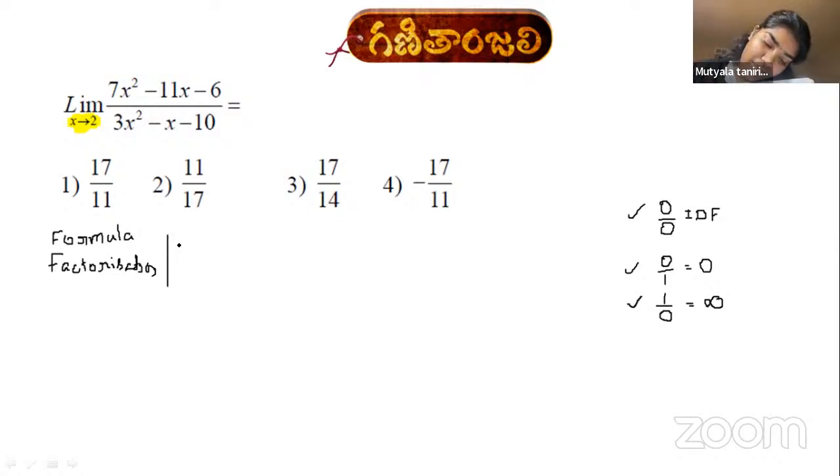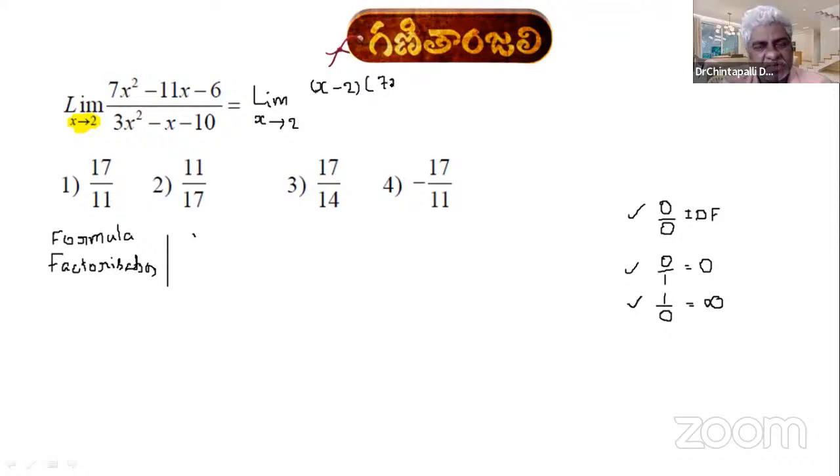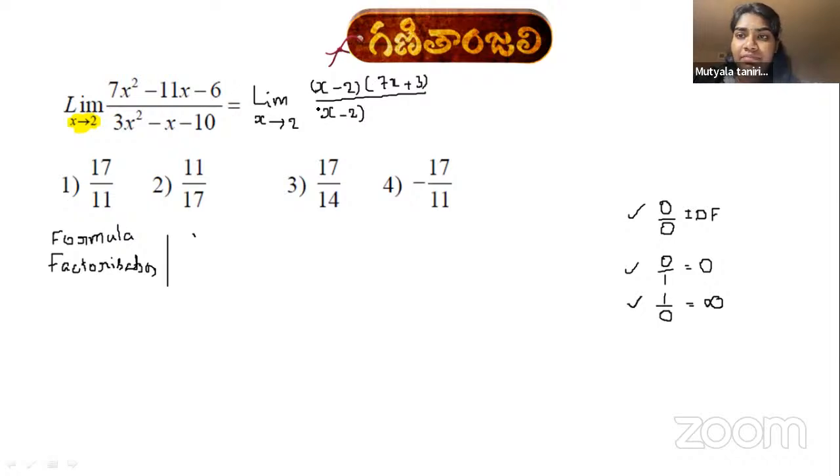Let's factorize. So the first one is x minus 2 times 7x. Very good. That's right. This is limit x tends to 2 equals x minus 2 times 7x plus 3 over x minus 2 times 3x plus 5.